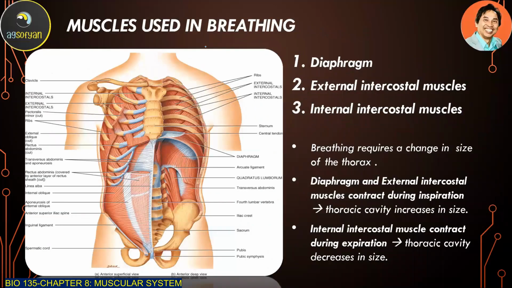The muscles that we use for breathing, so we can also force our breathing. We breathe in, breathe out. We can force it because we have skeletal muscle that controls our breathing voluntarily. The big one is called the diaphragm. This is the muscle located between the thoracic cavity and the abdominal pelvic cavity.